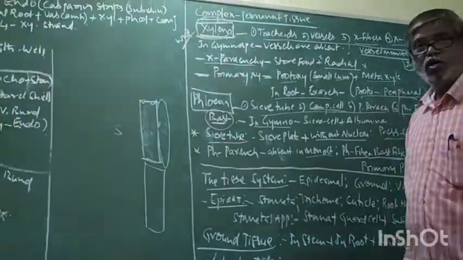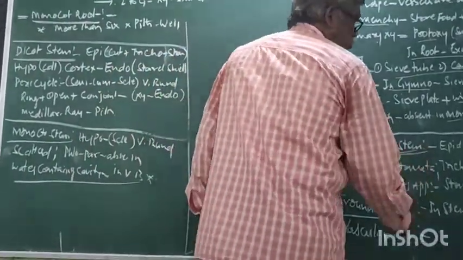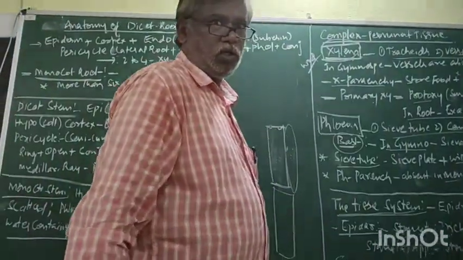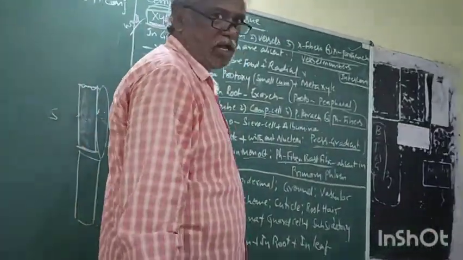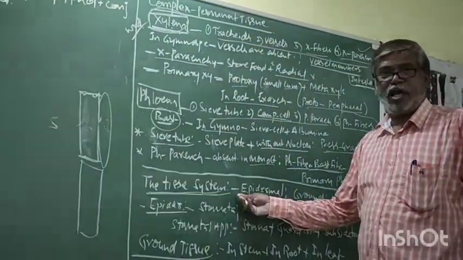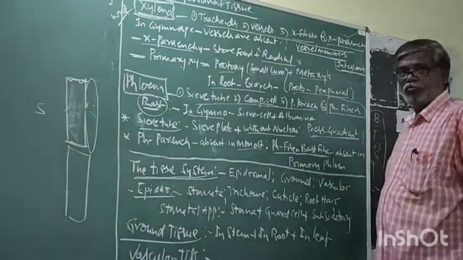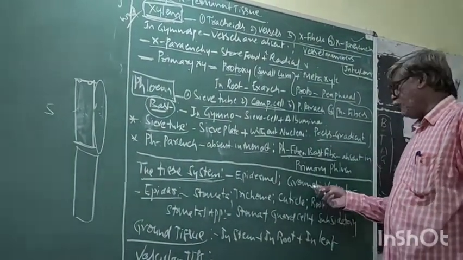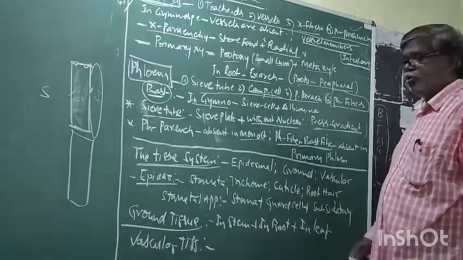Now come to the tissue systems, based on location. In plants, either monocot or dicot, the tissue system has three types: epidermal tissue, ground tissue, and vascular tissue.